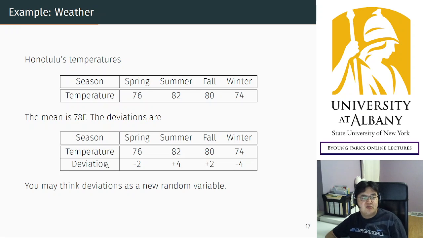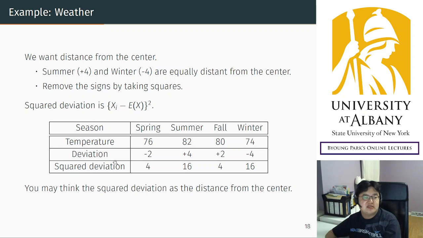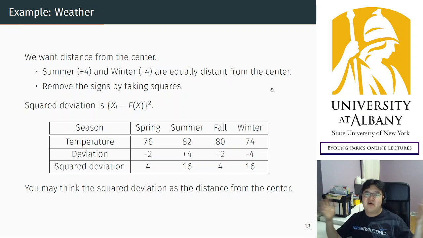The next step is that what we want is the distance from the center, so the negative sign does not help in our analysis. Intuitively, plus 4 and minus 4 are equally far from the center, so there is no reason to distinguish them.